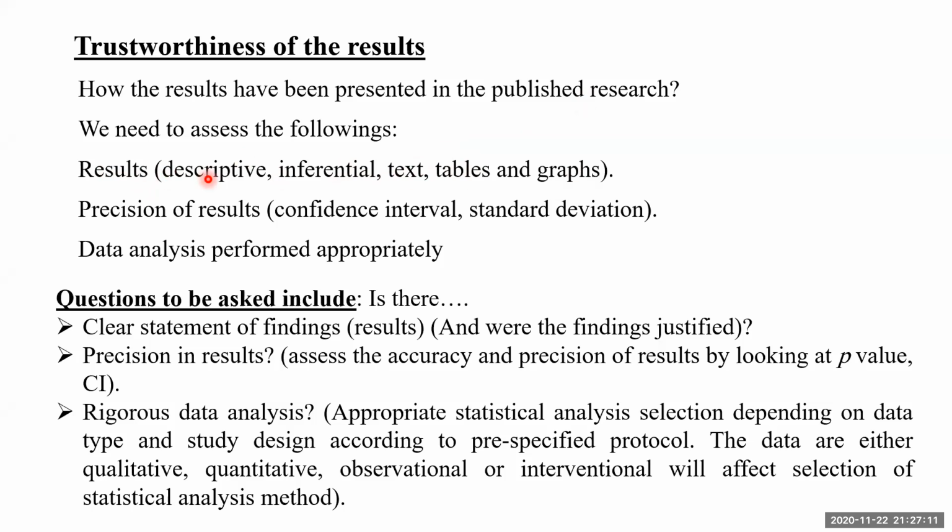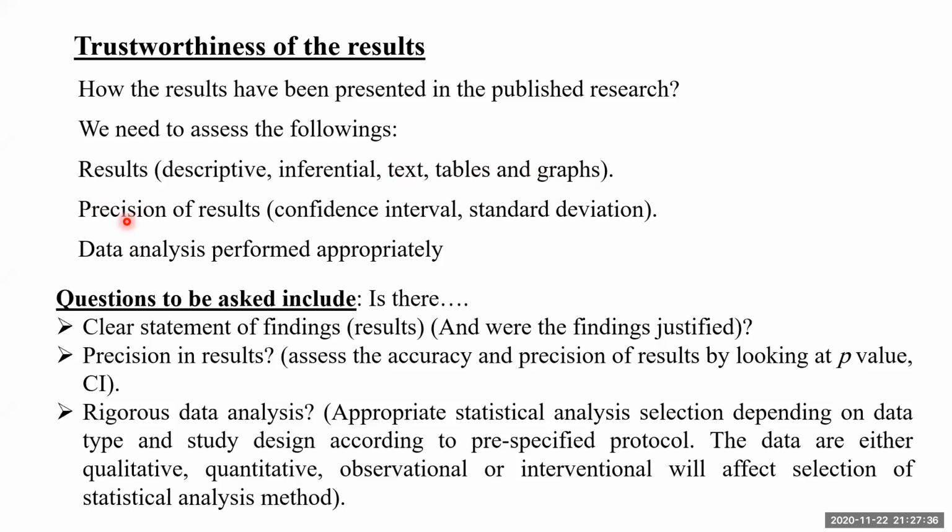For descriptive results, we see the tables and figures that describe the subjects or describe the results of the study. Inferential results are used to compare the groups of the study. And there are some results mentioned in the text, some results mentioned in the tables and graphs, and vice versa.